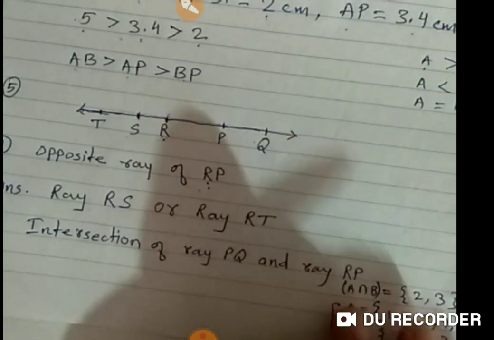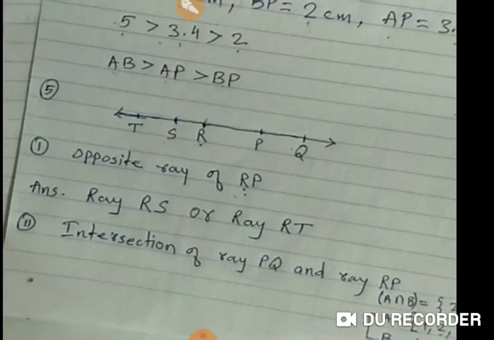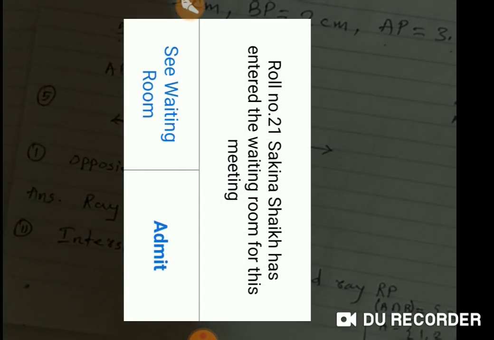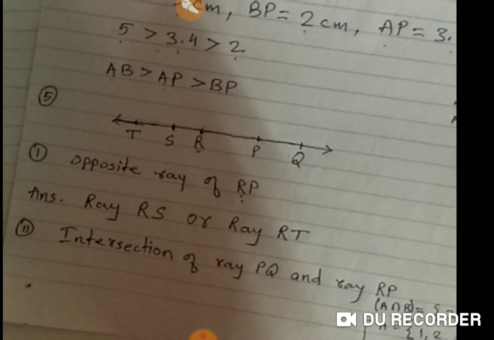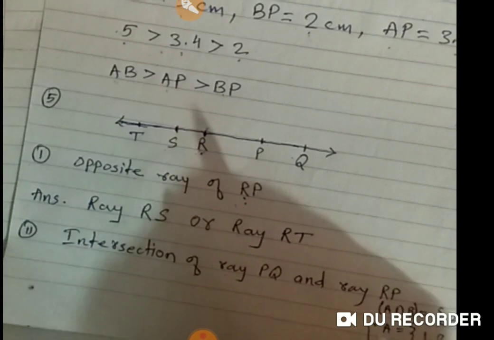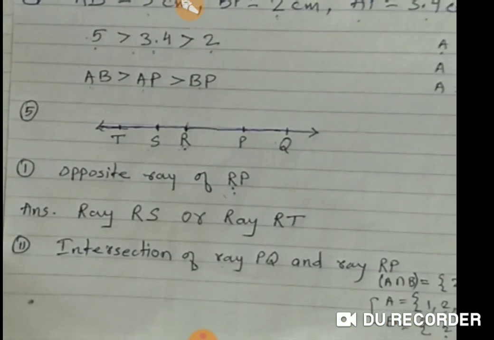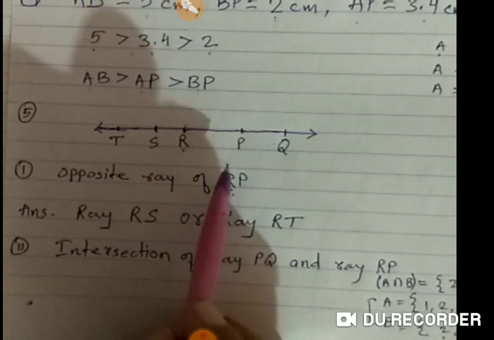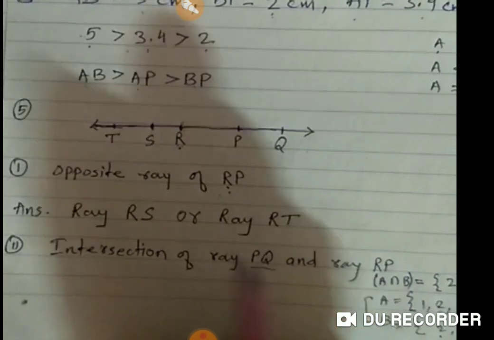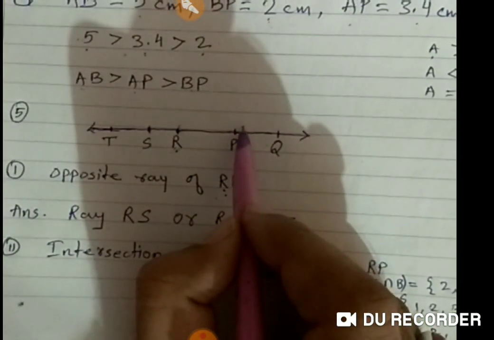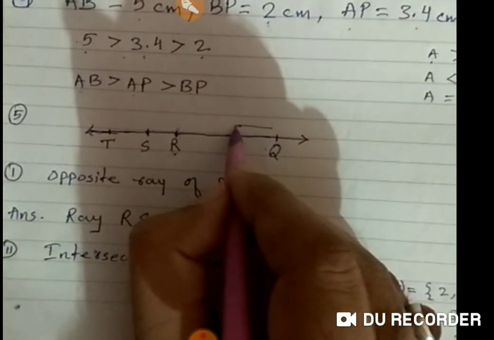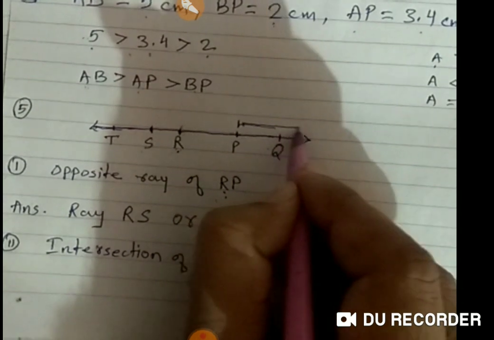Here, this question number 2 is about the intersection set of ray PQ and ray RP. Now, go to your original figure or question. When we talk about PQ, this is the ray PQ, right? So this PQ starts from here and moves in this direction.